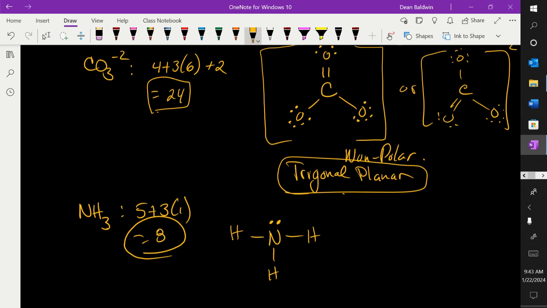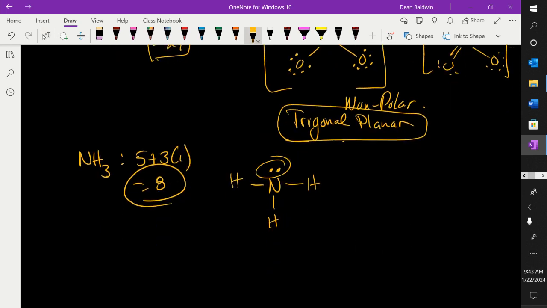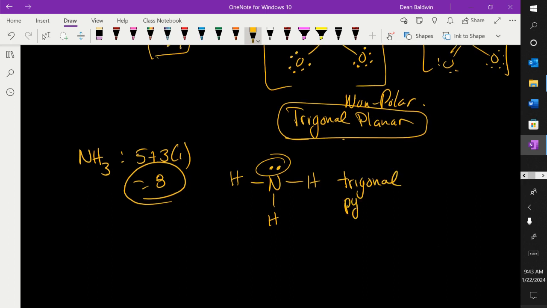Does this molecule have symmetry? No, because these electrons push the bonds down, right? So this is called trigonal pyramidal.